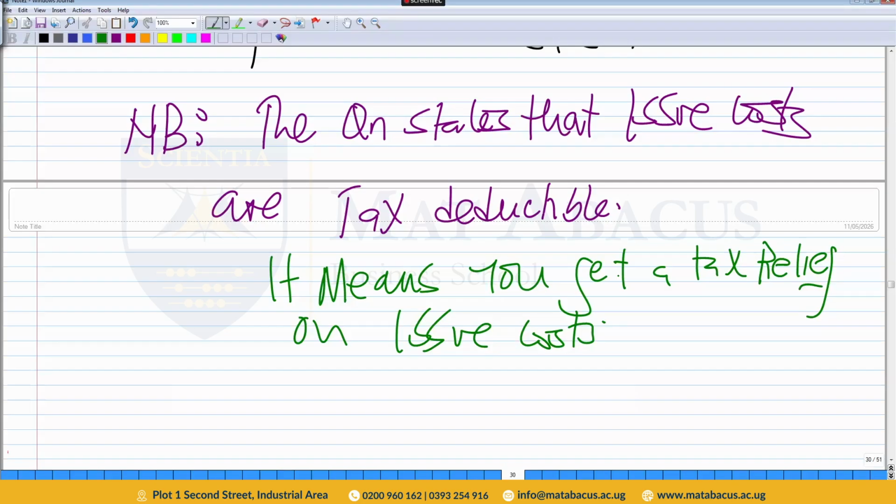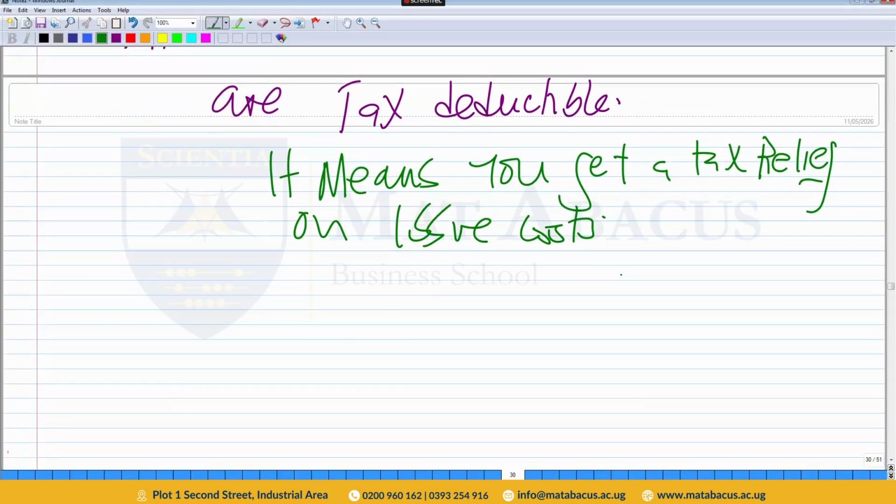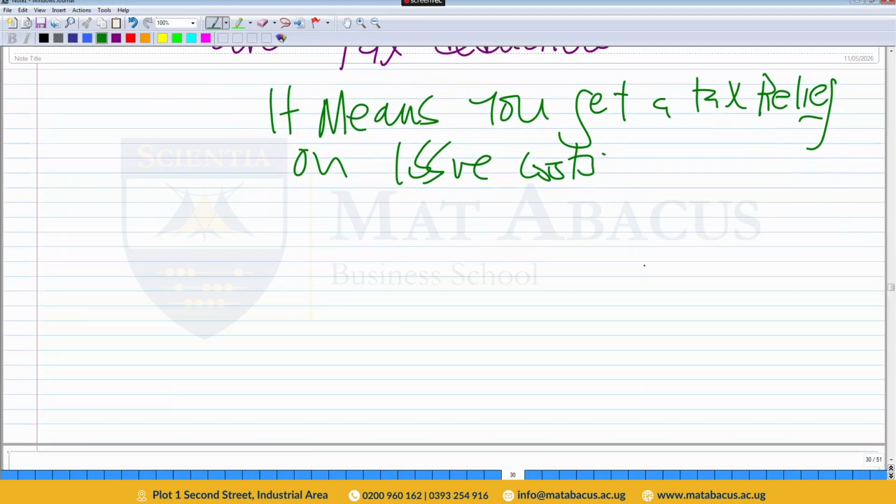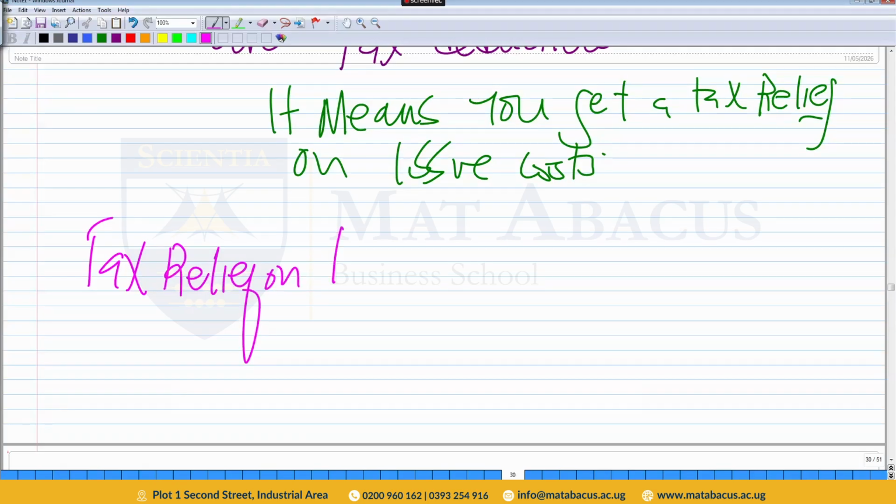Therefore, in that case, I'm still on that first loan. I will be able to get the tax relief on issue cost for the first loan.